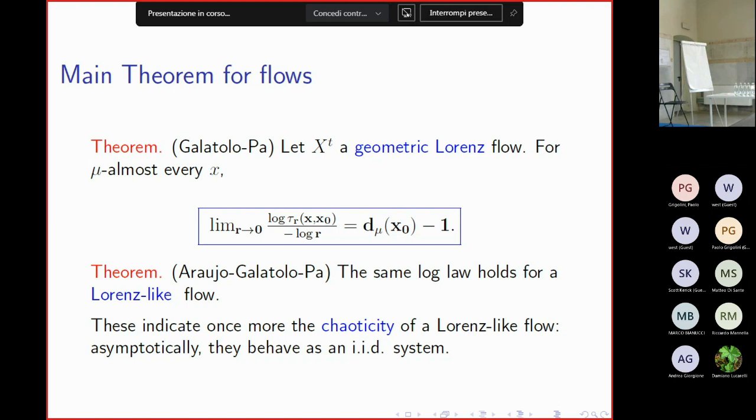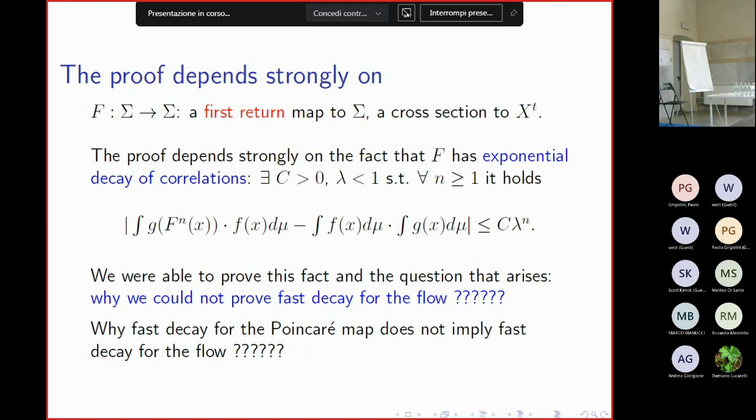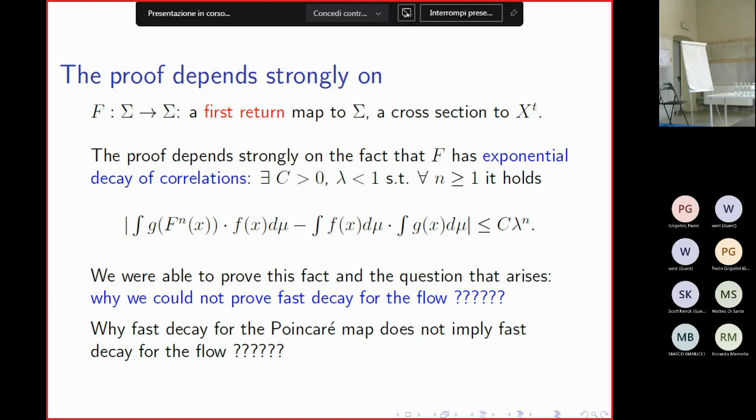The proof of this result depends strongly on the first return map. If you have a geometric Lorenz flow, you have a unique global cross-section, and you can define the first return to this cross-section. This map is called the first return map, or Poincaré map.